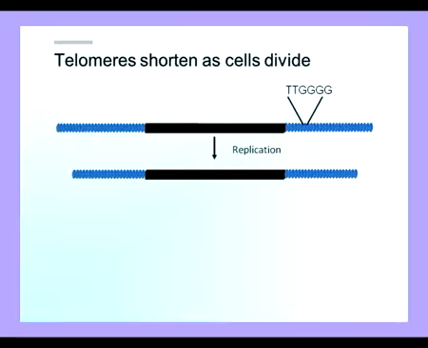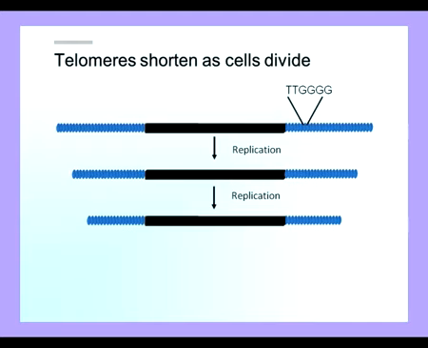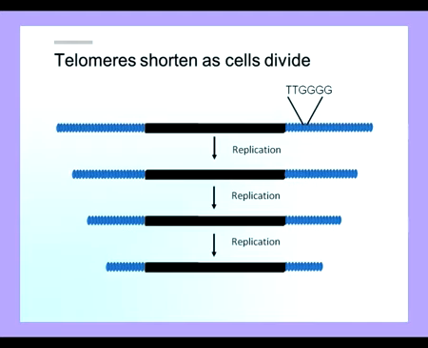Now, how does a cell decide which cell has to die? This is a representation of a chromosome, and the end of the chromosome, as I told you, is single stranded. Every time a cell is getting divided, the length of the single strand is decreasing. Every time, I have shown say 4 steps, it is always decreasing at the end of the chromosome, which is known as the telomere.